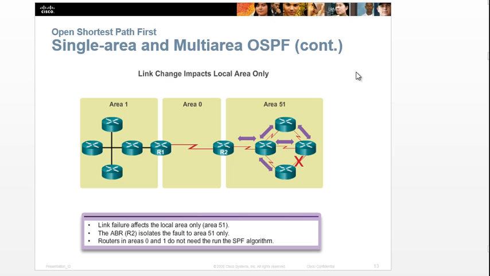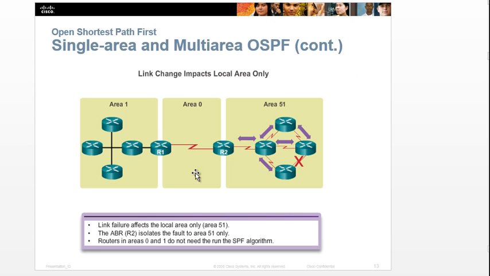So a link failure affects a local area only. The ABR, which in this case is router 2, isolates the fault into that area. So in this case, the other routers in area 0 and 1, they don't need to know that the link changed in area 51.